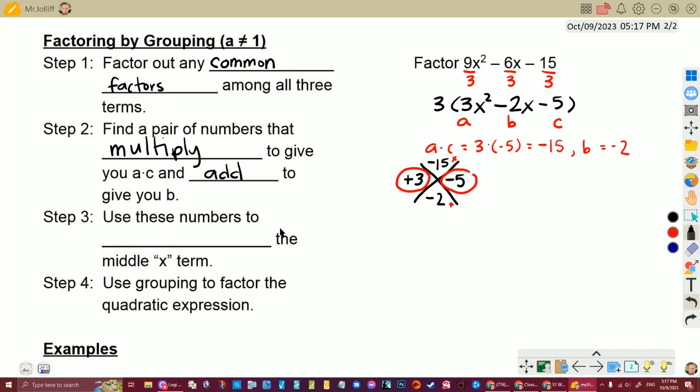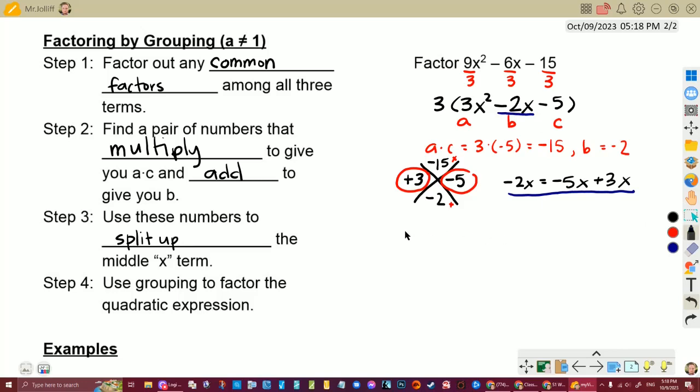Step 3 says use these numbers to split up the middle x term. We can write minus 2x as negative 5x plus 3x, or as 3x minus 5x. So we're going to make this substitution into this trinomial.